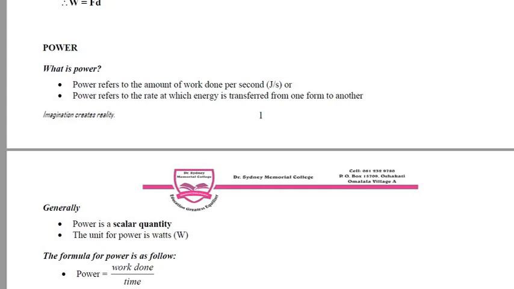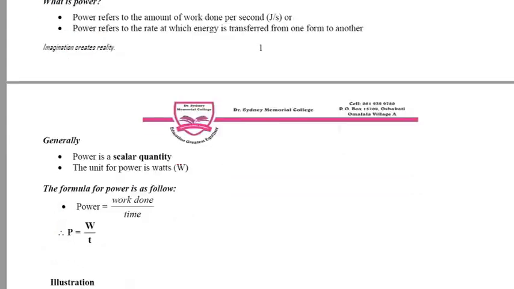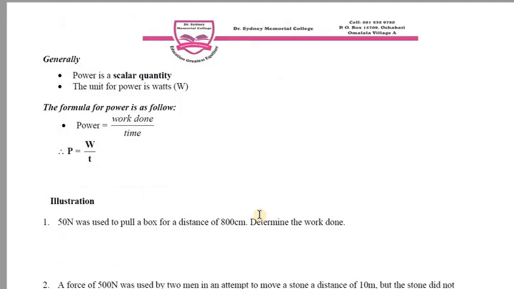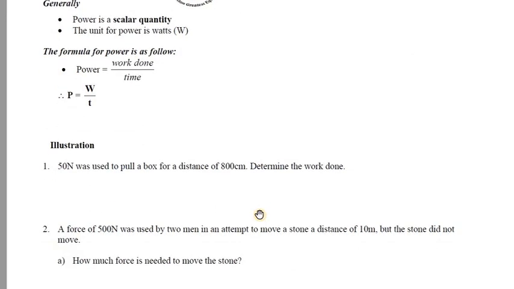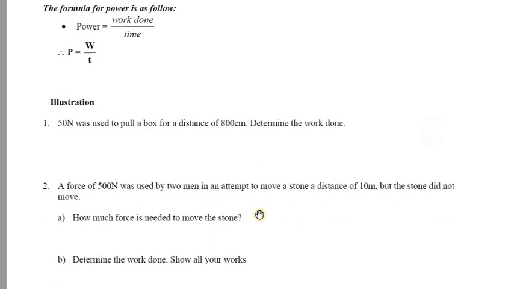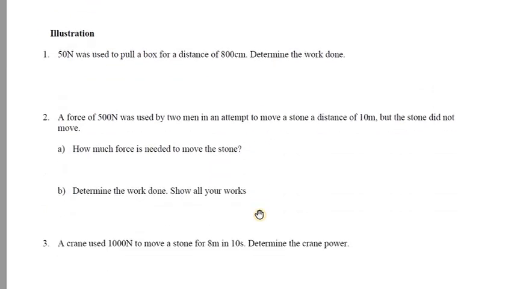It's Newton meters divided by seconds, and that is the same as writing the letter W. The unit for power is the letter W. So that's the formula for power: power is equal to work done over time. It's a very simple concept. You can read up more on it wherever you can find information.